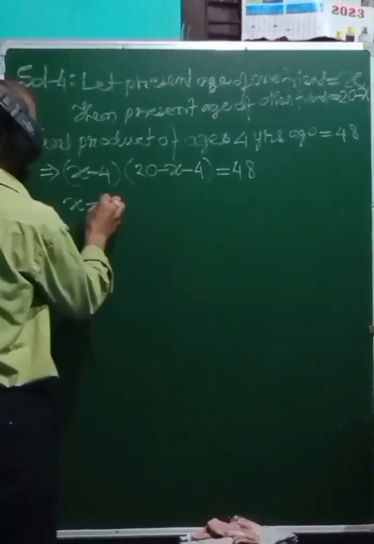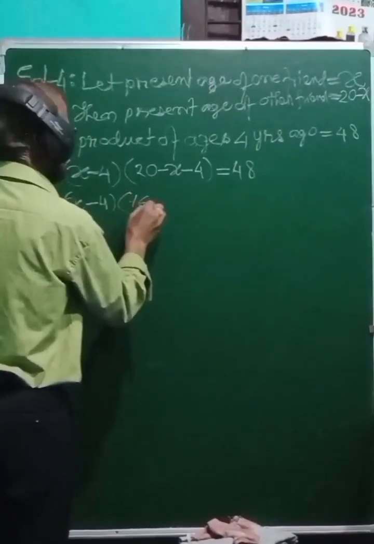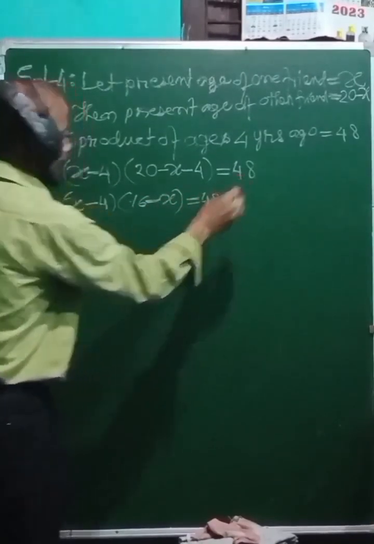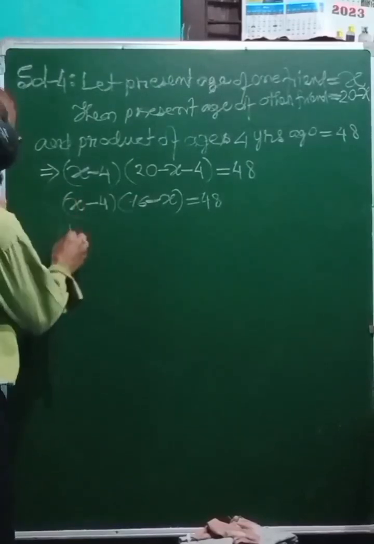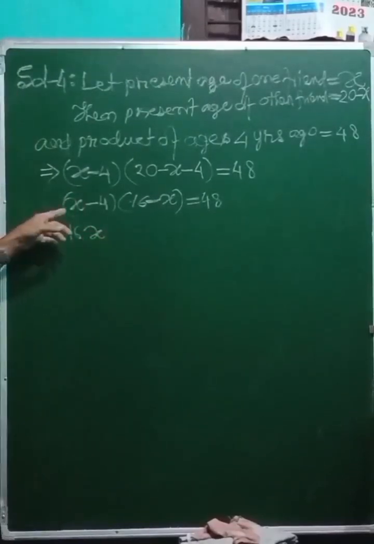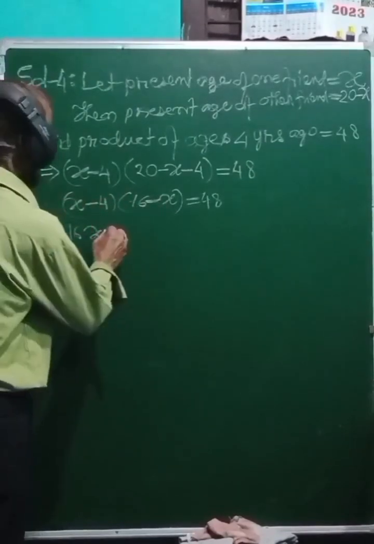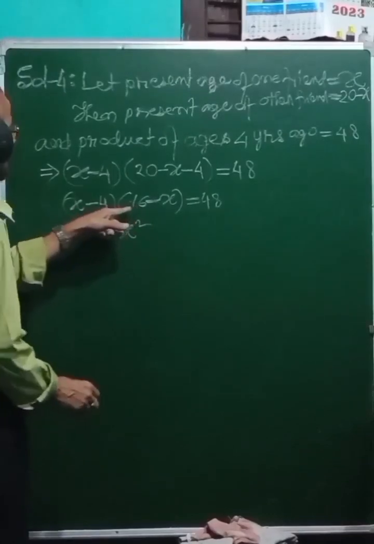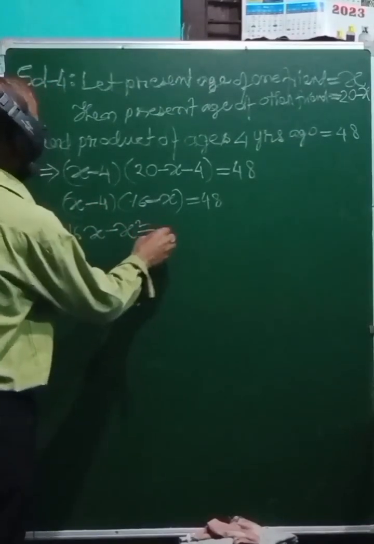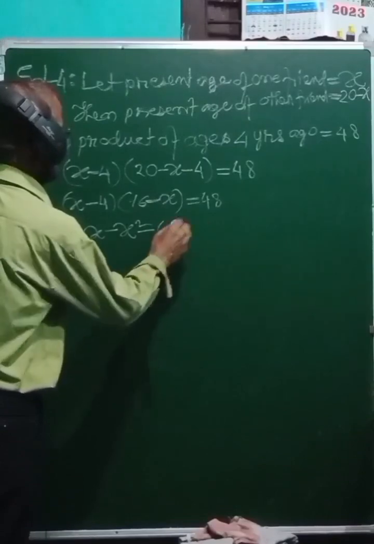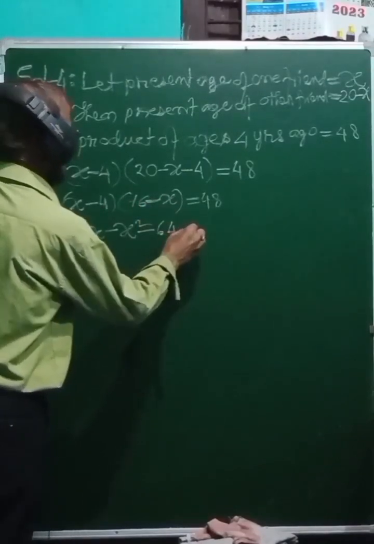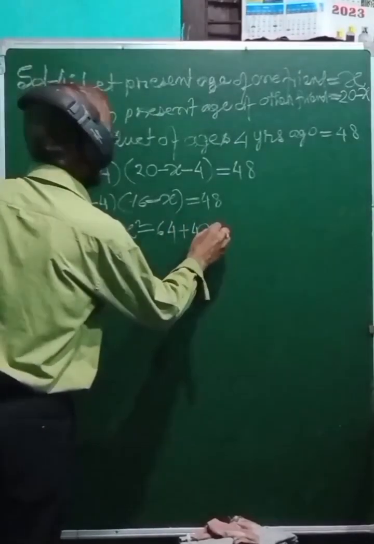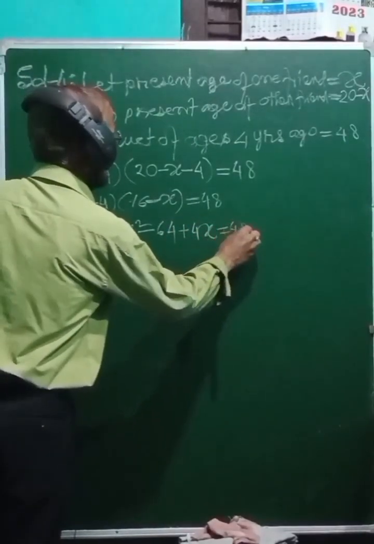Start the solution: x minus 4 into 16 minus x is equal to 48. x into 16, 16x minus x square, then minus 4 into 16, so minus 64, and here plus 4x is equal to 48.